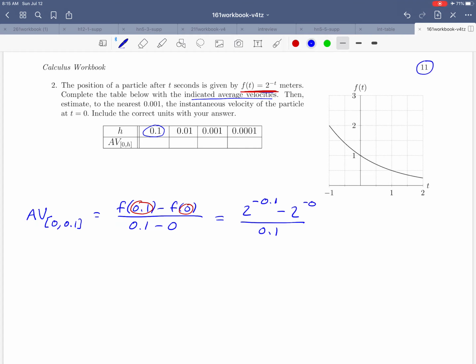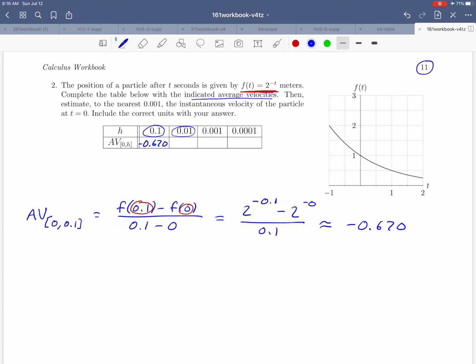From here, the idea would be to go to your calculator and see what this works out to be. I'll let you punch that in and confirm that you're going to get about negative 0.670 if we round off to 3 decimal places. So that's our first entry in our table. The rest of these entries are the same, just the numbers change.